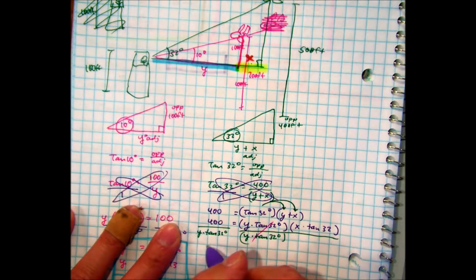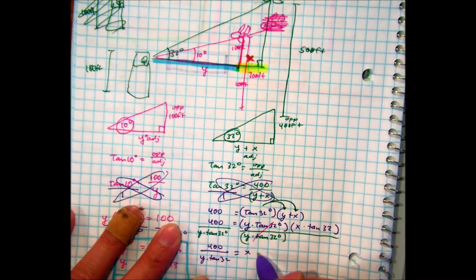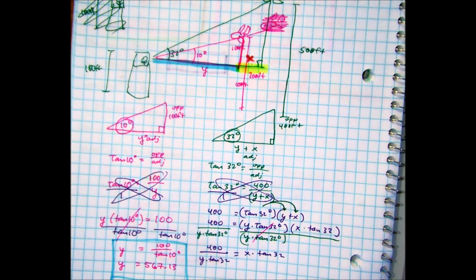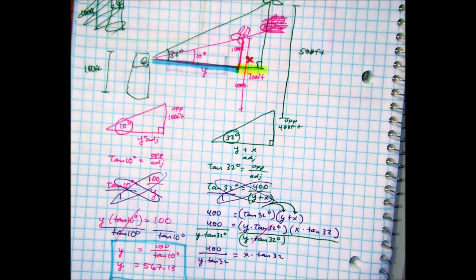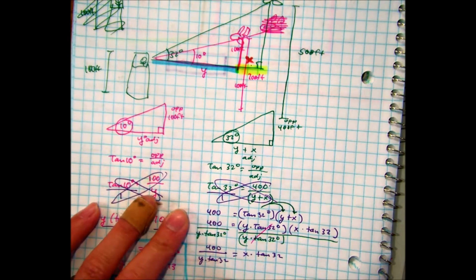And now I'm left with 400 divided by y tangent of 32 equals x times tangent of 32. Okay, my goal is to solve just for x, so now I'm going to divide both sides by tangent of 32.